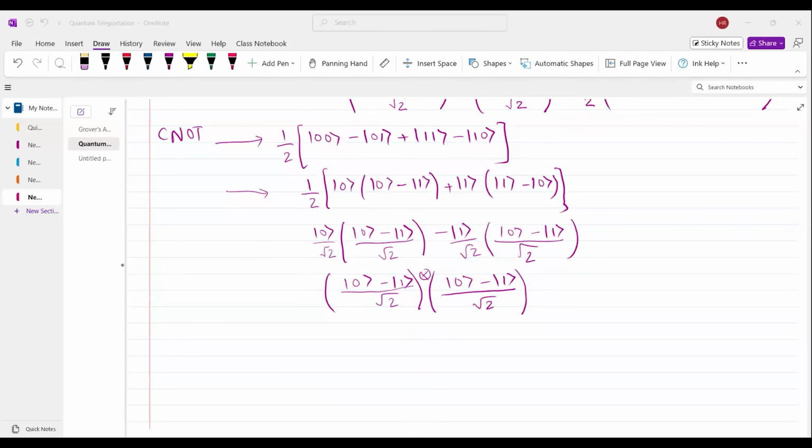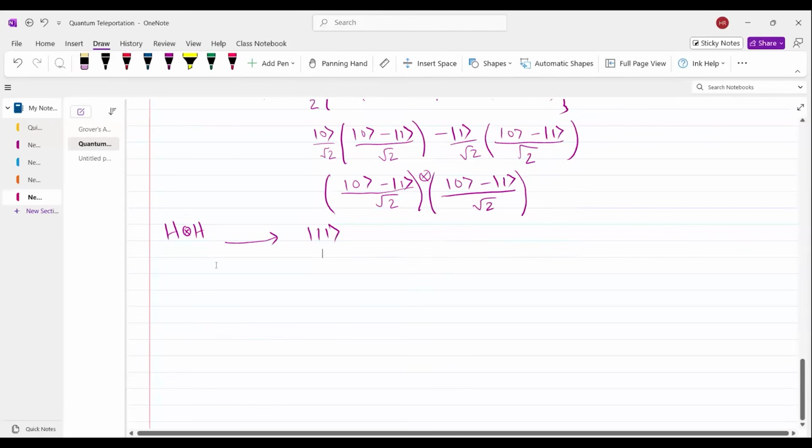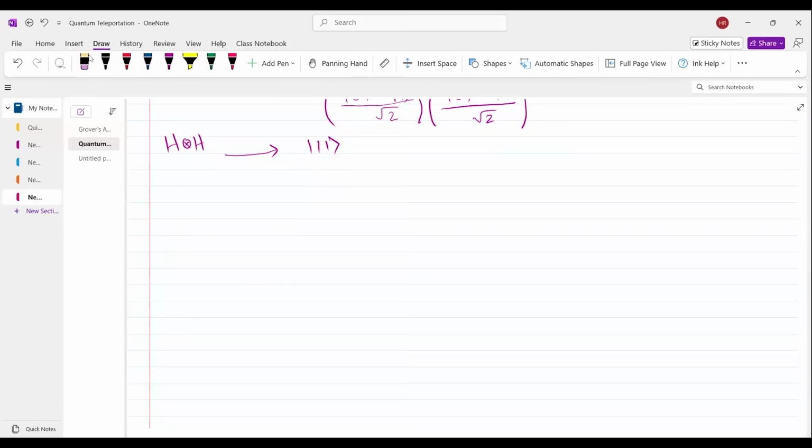Now when we apply Hadamard again, we get the |11⟩ state. This effect of the phase being translated to the first qubit is known as the phase kickback effect, and it is very useful when we are working with quantum algorithms.